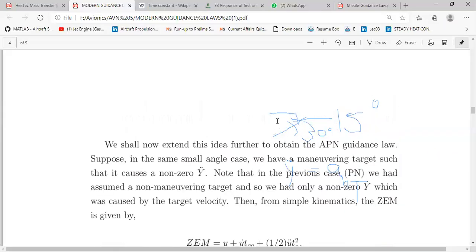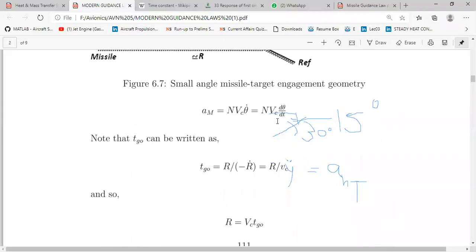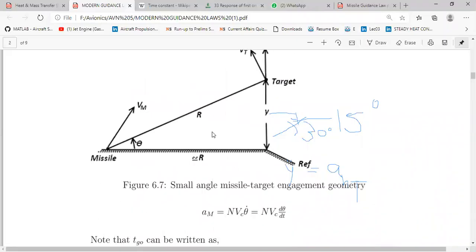Now what is vertical separation? That you can understand from this diagram. Suppose this is the direction of the missile, okay, and VM is the velocity vector of the missile. Now what is the vertical distance between the horizontal axis of the missile and the target? That is your separation distance Y. Okay.